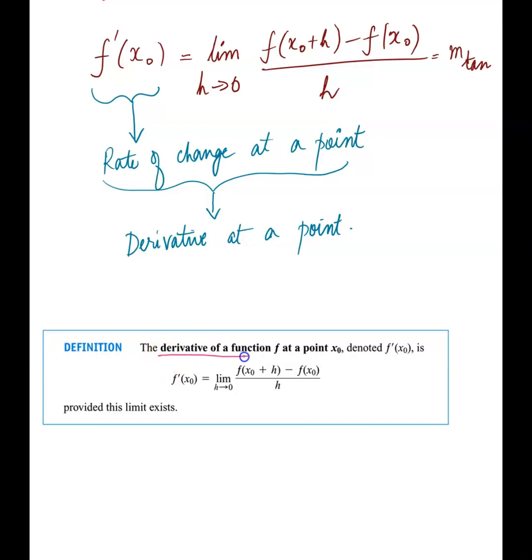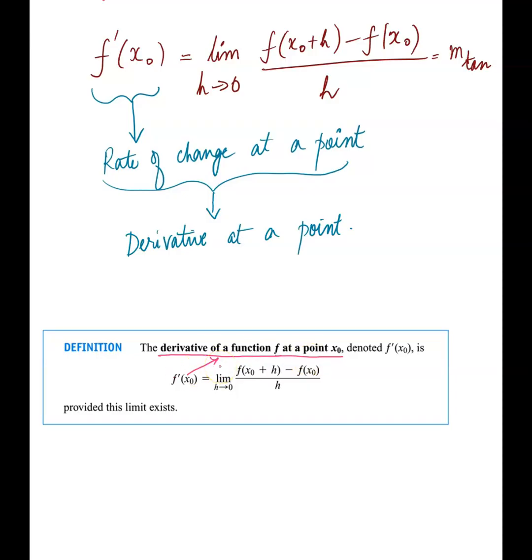The derivative of a function, you derived it for the function, but at a point x naught. So you see here, it is not f prime of x, it's f prime of x naught, because that means you're finding the derivative of the function at a point x naught. So this is the expansion for this notation, f prime of x naught. That notation expands in words as written in bold there.